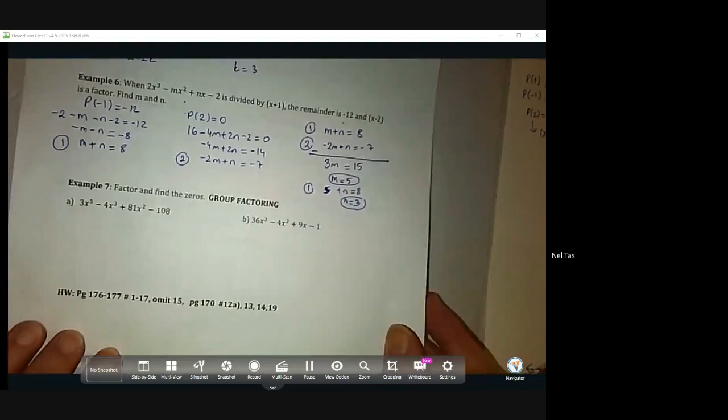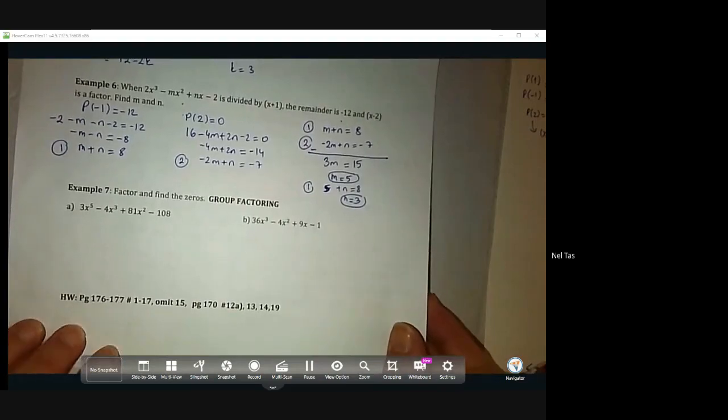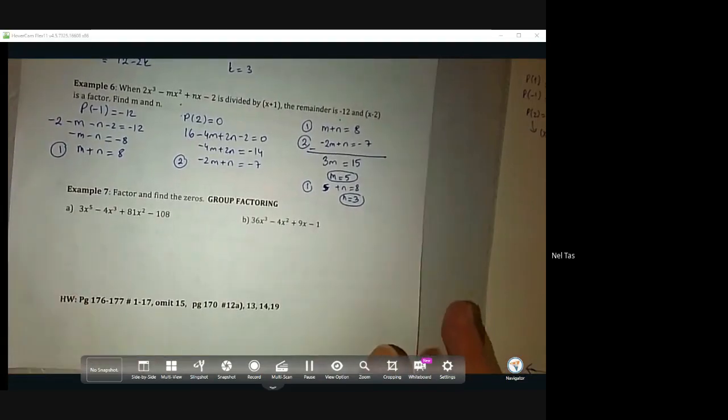Okay. Example 7. It says factor and find zeros, but this time we are going to use group factoring. These polynomials definitely can be factored by using the factor theorem, but sometimes group factoring is much shorter.